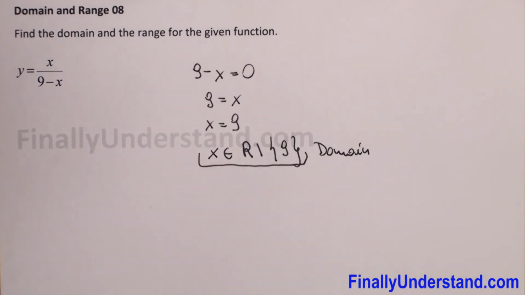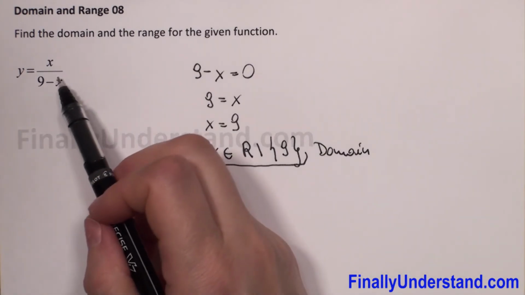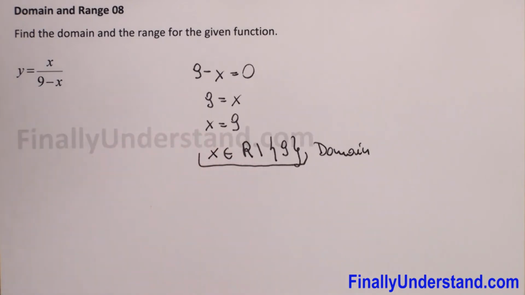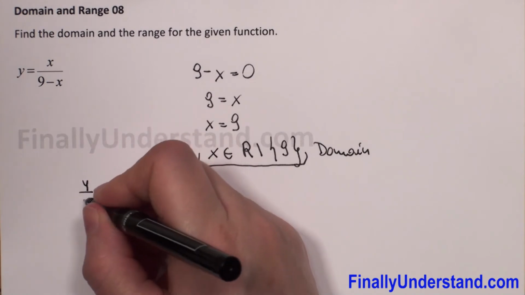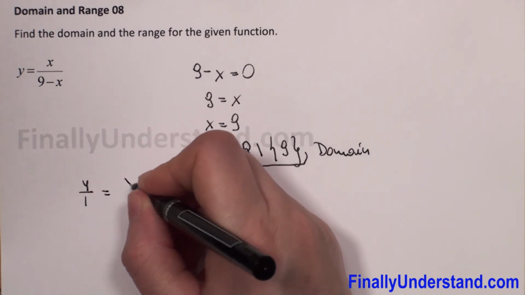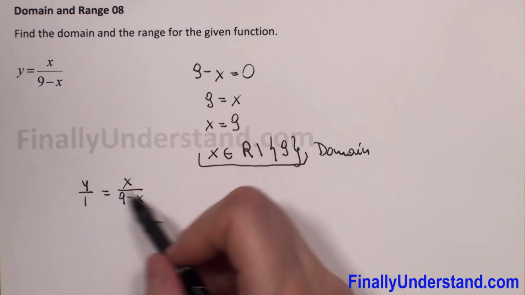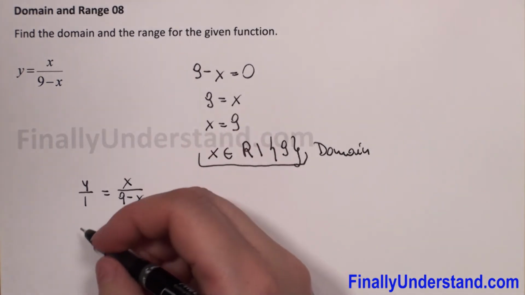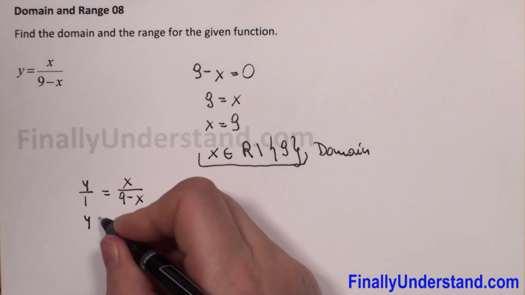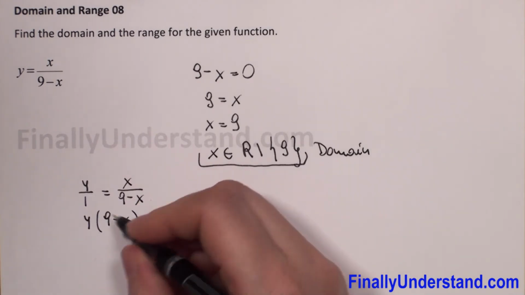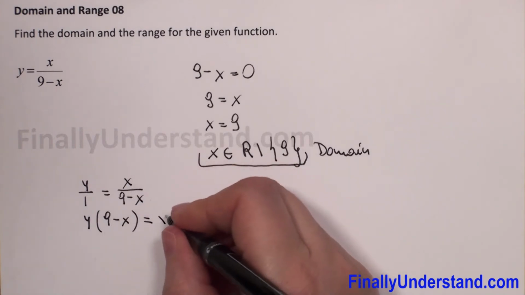Let me copy this equation, and because I have a fraction bar on the right side, I will make the fraction bar on the left side. y over 1 equals x over 9 minus x. We have a proportion, so we have to cross multiply. y times 9 minus x equals 1 times x, which is x.